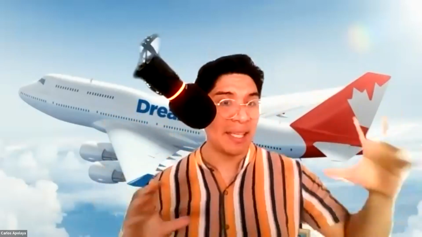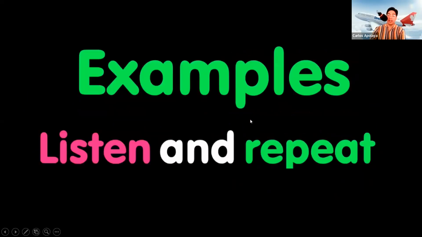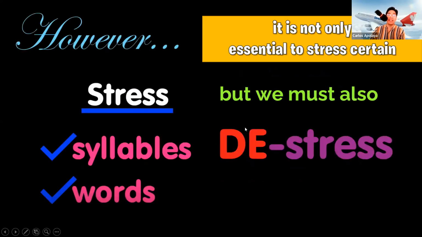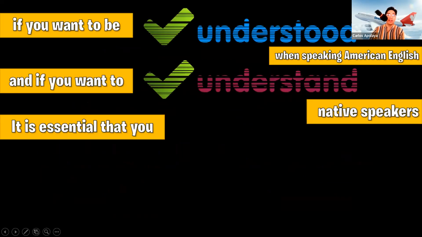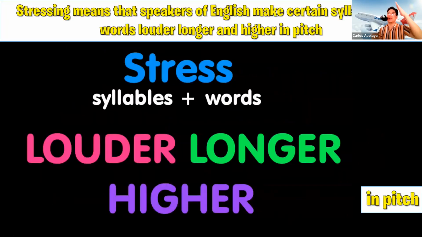So now we mix these four concepts: syllable stress, content words, function words, and word stress. This is what you have to do. Now let me show you something. What is stress? Super simple. You say the word louder, longer.